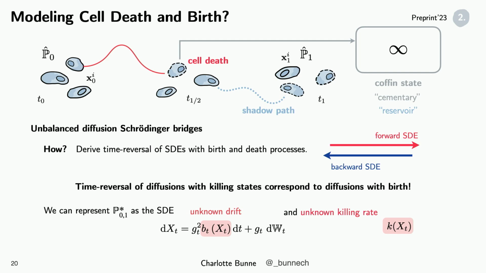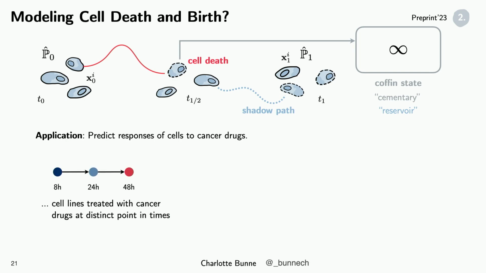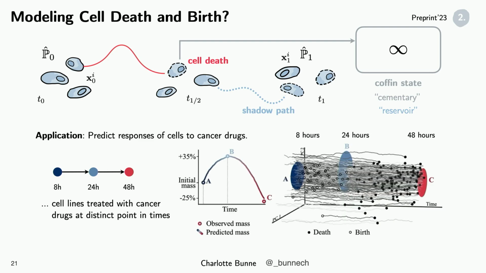And so this way we can model birth. This is very nice because, looking at just cell line data for now, given that we have a system sampled after 8, 24, 48 hours, we are able to model these dynamics that also account for changes in the cell counts.